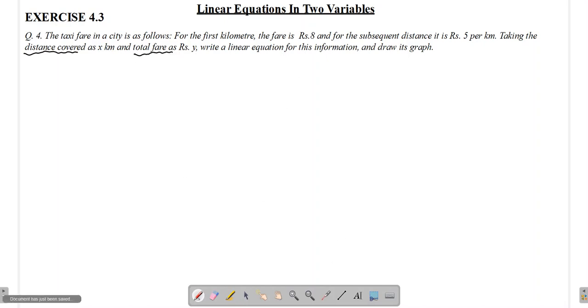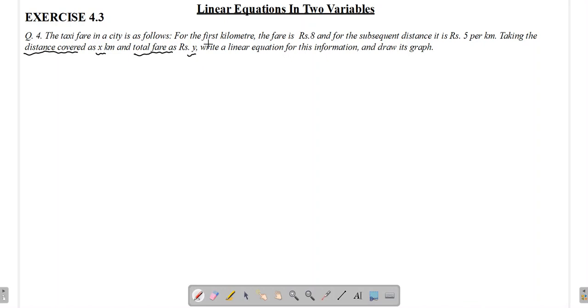So we need to take the total distance as x and the total fare as rupees y. Using these we need to frame a linear equation in two variables, and then draw its graph. We will follow the same method of drawing the graph which we discussed in the past two lectures. Before that, let us begin with framing the equation.